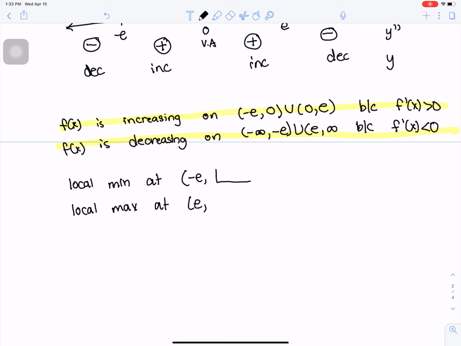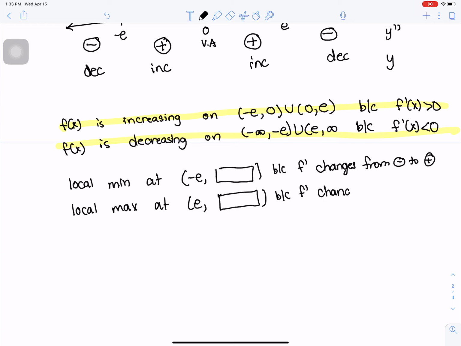This one is because f prime changes from negative to positive, and this one is because f prime changes from positive to negative.